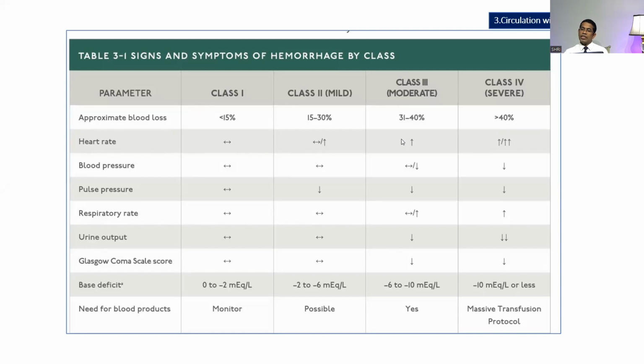That is usually a 60 ml per hour infusion. What is the time limit for giving tranexamic acid? It's usually within 3 hours of injury. Okay, not 3 hours of hospital admission, 3 hours of injury. Okay, this is how you're going to manage a patient who has hemorrhagic shock.